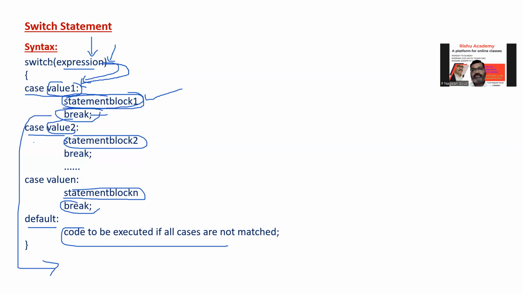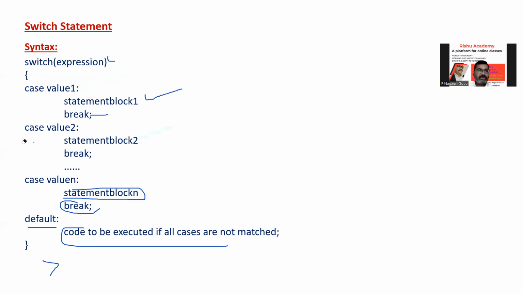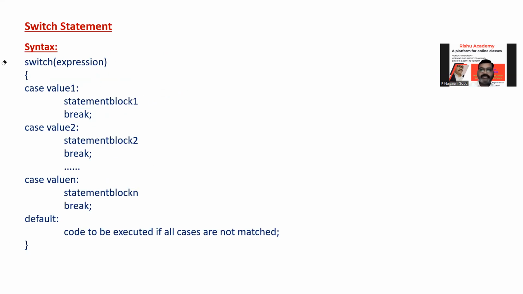Assume that I compared the switch variable with value 1, that is, variable equal to value 1. I checked this, and it returned false.